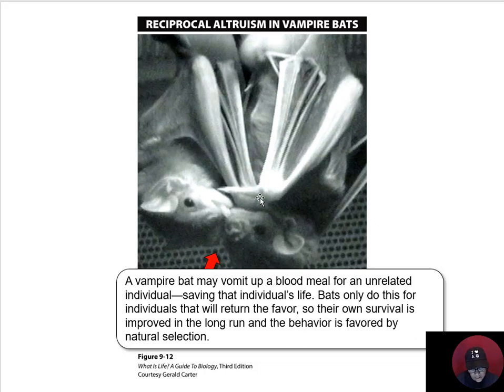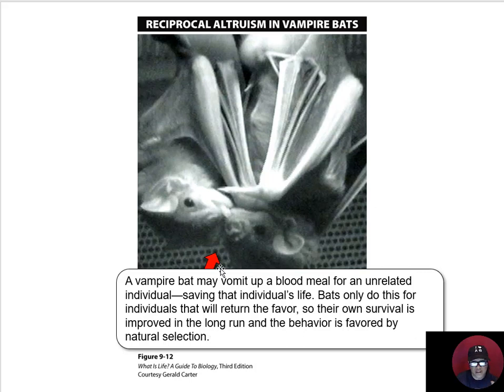However, it can ask another bat next to it whether or not it could vomit up a blood meal and share that meal. And it turns out that bats will only do this for individuals that will return the favor, so that their own survival is improved in the long run and the behavior is favored by natural selection.